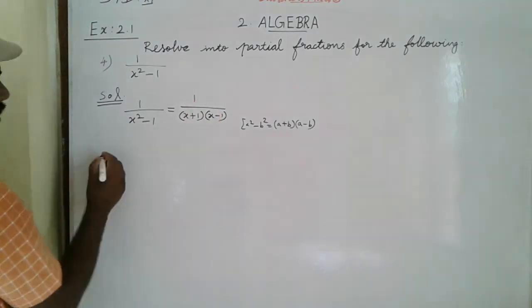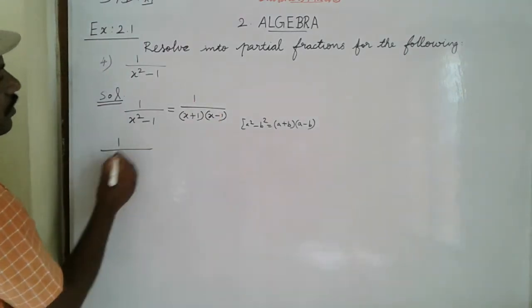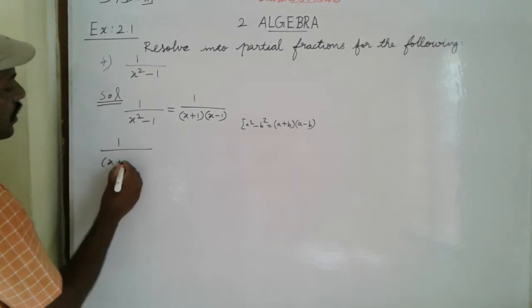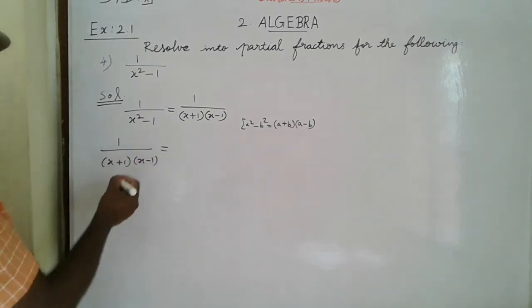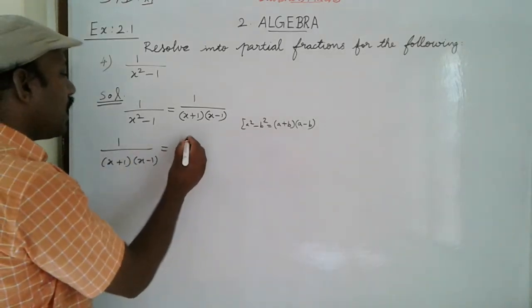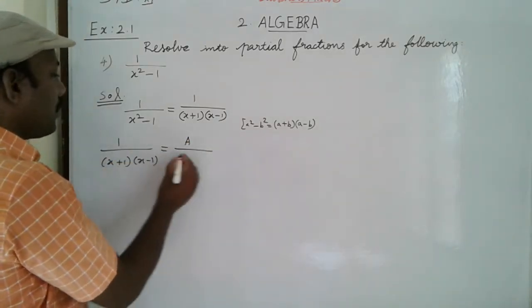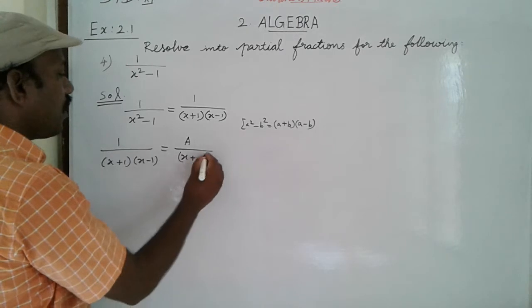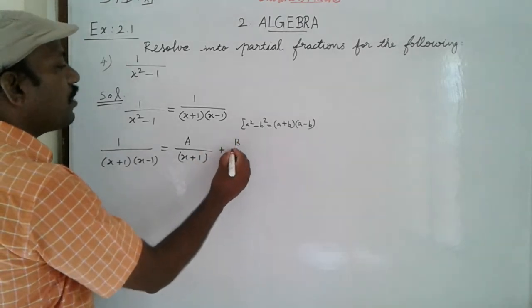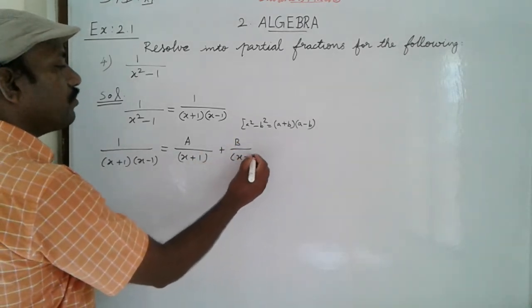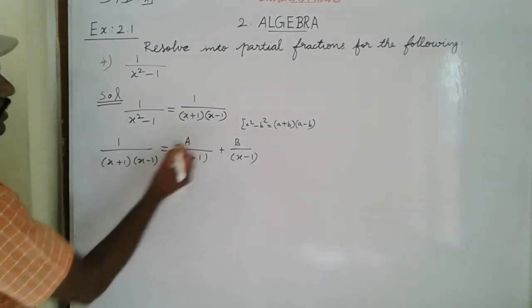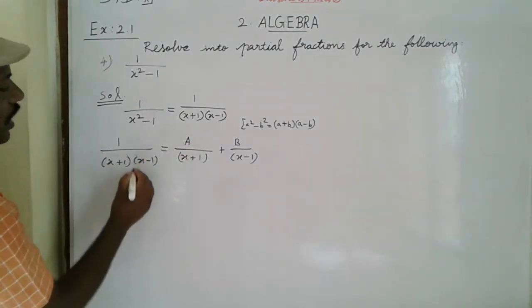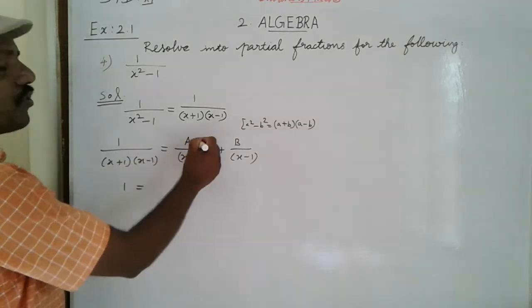So we should write here 1 divided by (x plus 1) into (x minus 1) equal to, so partial fraction formula we should use a divided by x plus 1 plus b divided by x minus 1. So we should cross multiply here: 1 equal to a into (x plus 1) into (x minus 1).